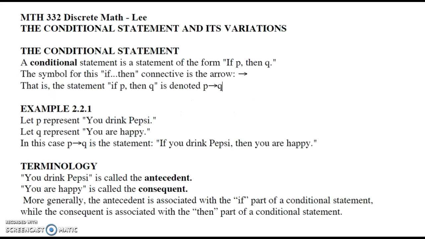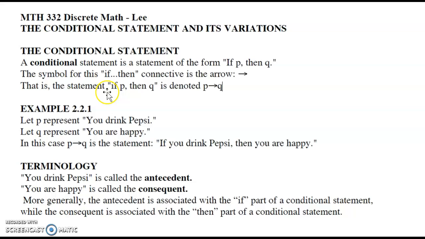Okay, so it starts with the conditional statement, and what that is, any statement in the form if P, then Q. So the mathematical symbol for that statement, an if-then statement, is this right-sided arrow.